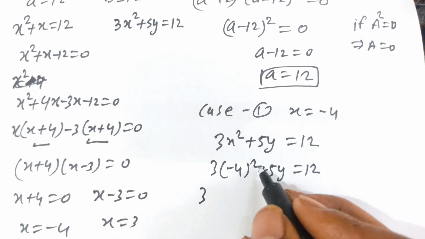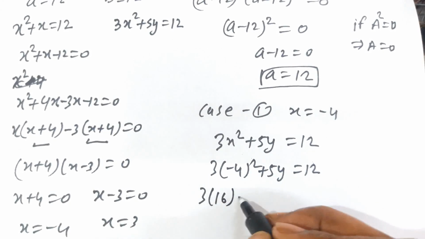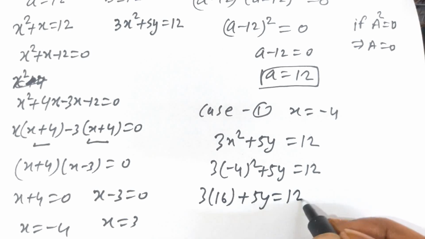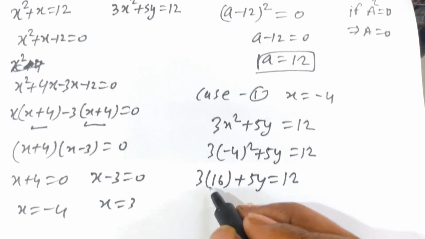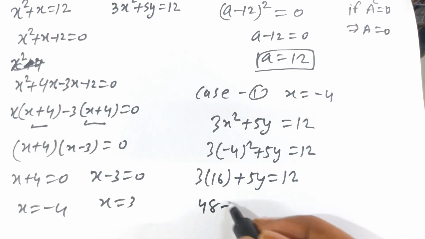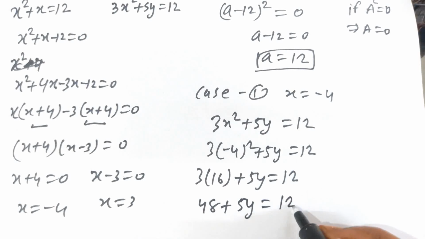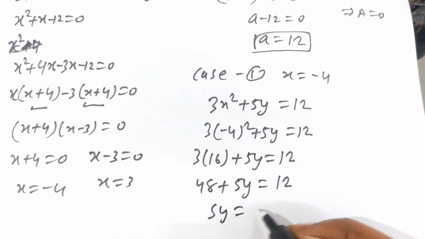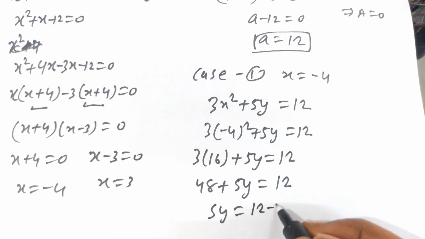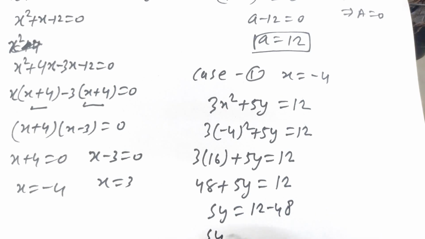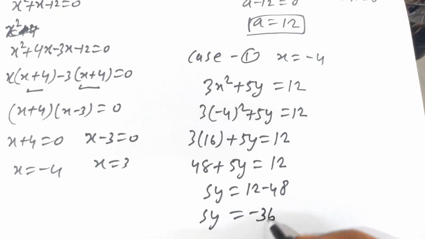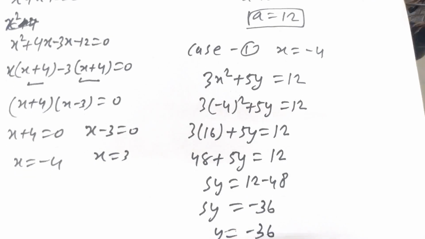And minus 4 square, that is equals to 16, so 3 times 16 plus 5 times y, this is equals to 12. And 16 multiplied by 3, then you will get 48, plus 5 times y, this is equals to 12. And 5 times y, this is equals to 12 minus 48, and 5 times y, this is equals to minus 36, and y is equals to minus 36 divided by 5.